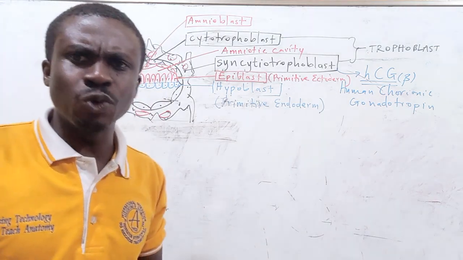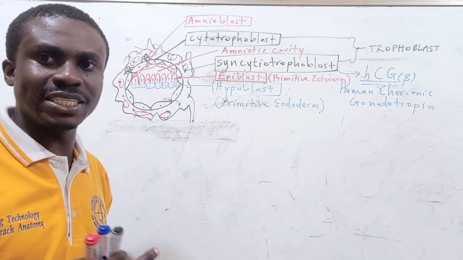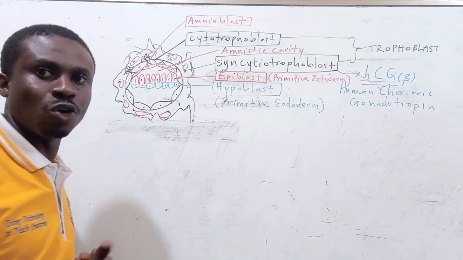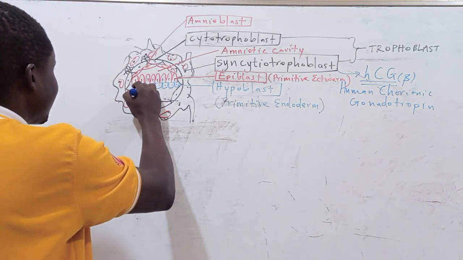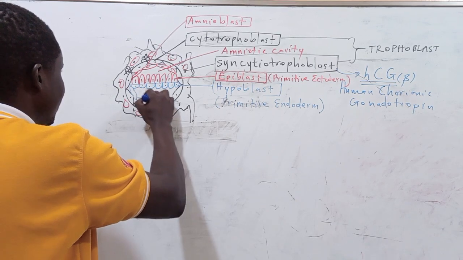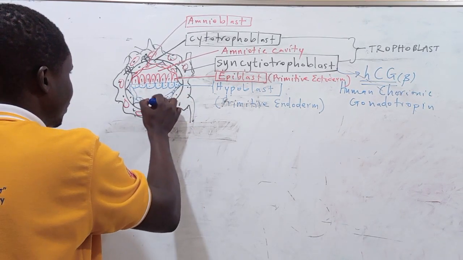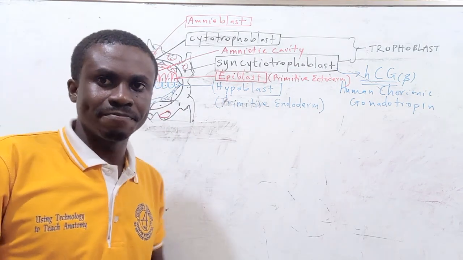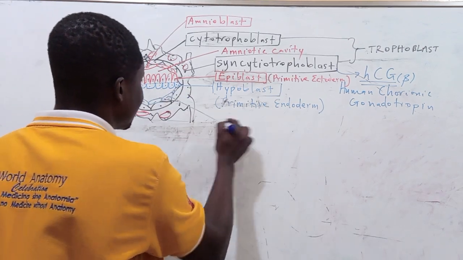Now, one more thing. The cells of what we call the hypoblast also proliferate to line that area of the cytotrophoblast which is opposite to them. So let me also use blue to show. Yes, my friends, these cells, let me use blue to show them.